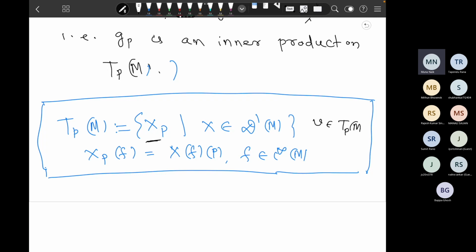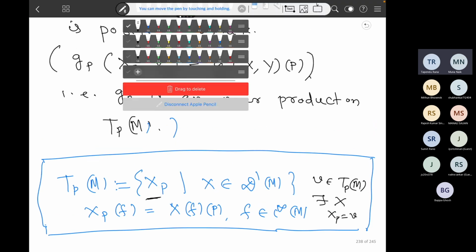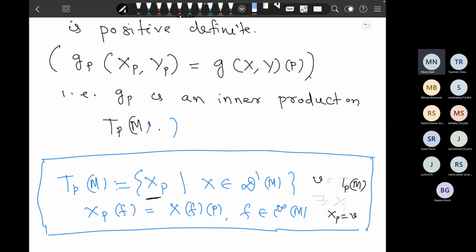Given v belongs to T_pM, there will exist some vector field X so that X_p is equal to v. That will always exist, but we are not saying which X. The calculation at the end will not depend upon the choice of X. Tomorrow I will do something and it will be a little clearer.